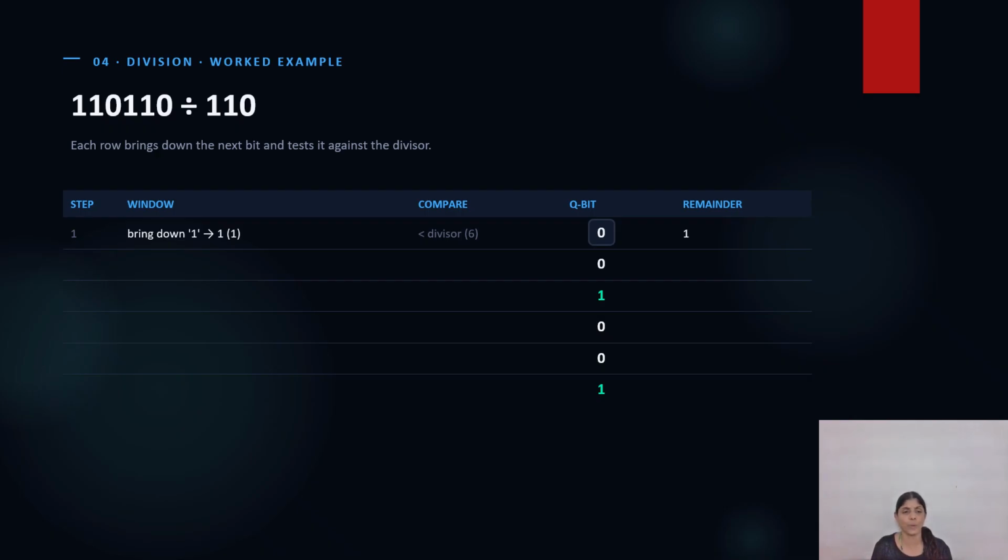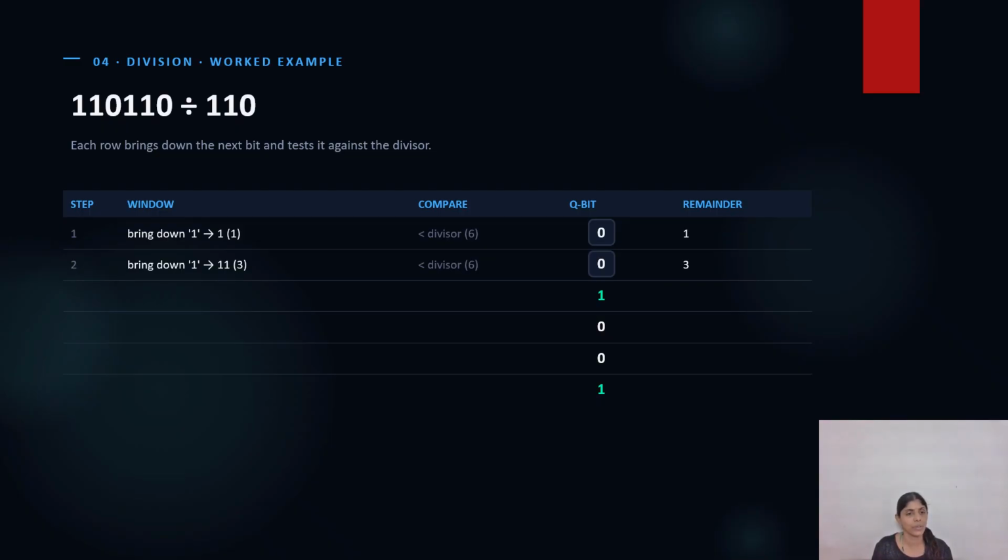It is the 4 2 1 code. 4 plus 2, 6. Whether 1 divided by 6, you have to compare. 1 divided by 6, absolutely no. So the qubit is 0, the remainder is 1. Step 2. Take the next bit. Okay, I will give you in that way.